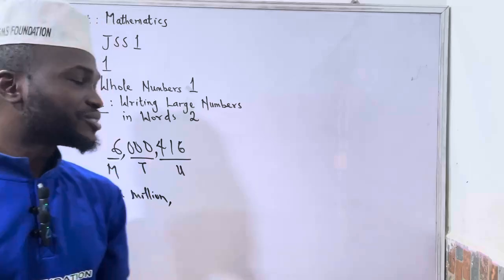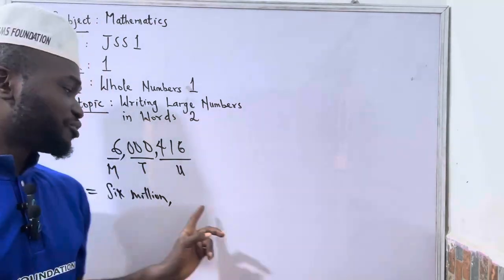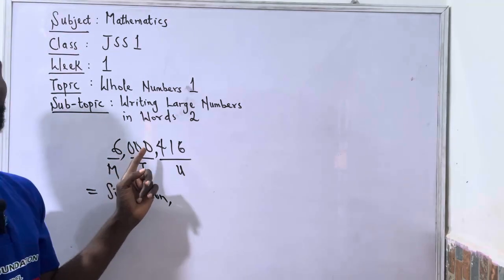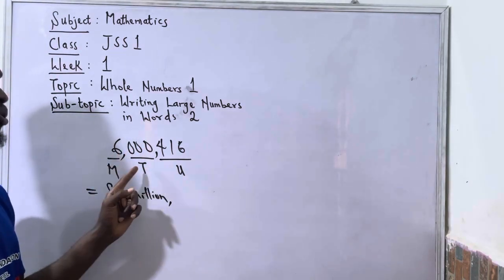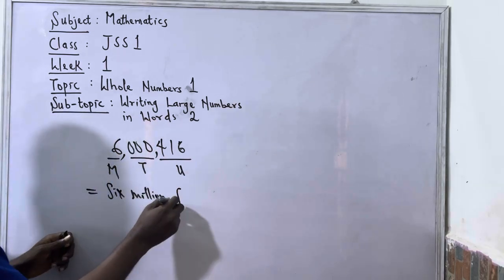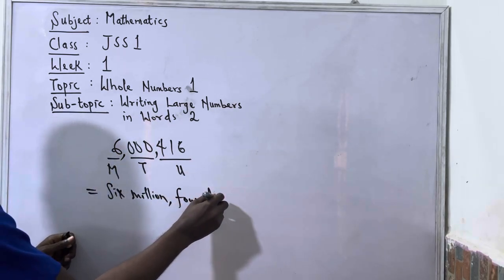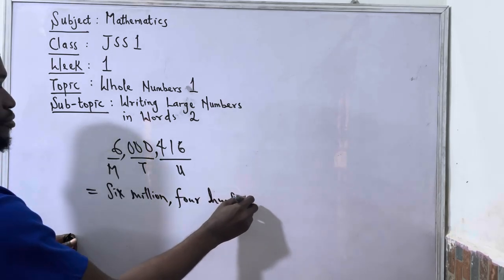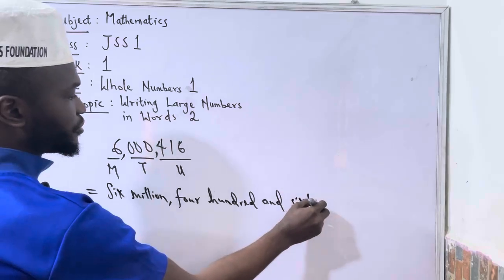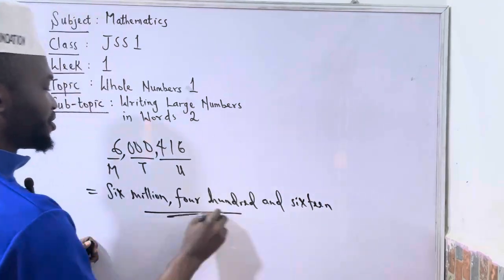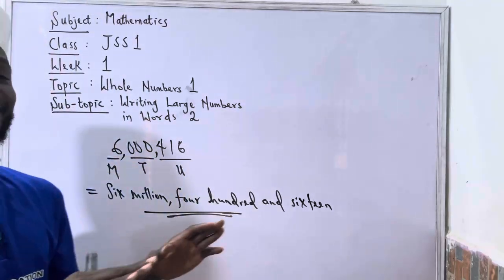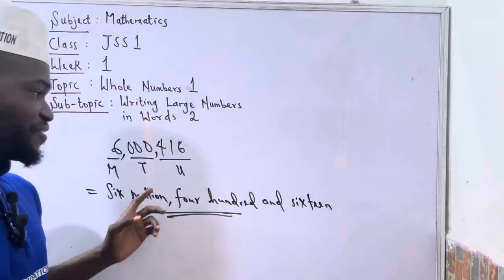We cannot pronounce zeros when we can't even write them down when we are pronouncing numbers. You don't say 000 and 000. It's wrong. So I will just jump to the last family, which is 416. This is how to pronounce a number that has a family with only zeros.